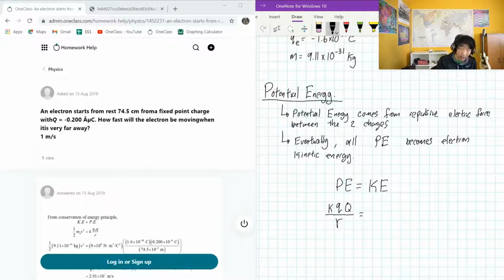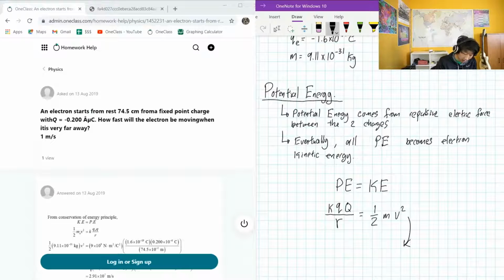Okay, and kinetic energy is the same for pretty much all situations, 1/2 mv squared, where m is the mass and v is the velocity. So the question is asking us for how fast the electron is moving, which means just v, velocity.